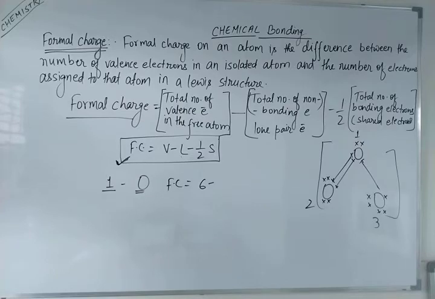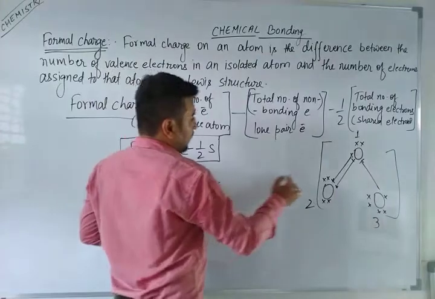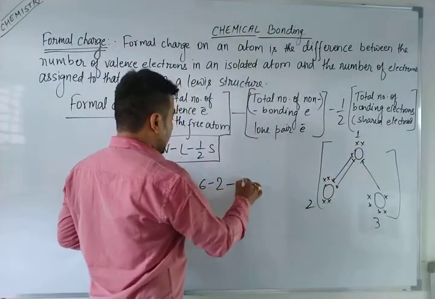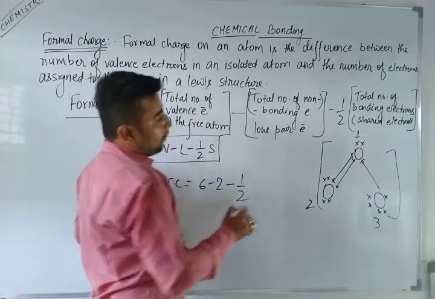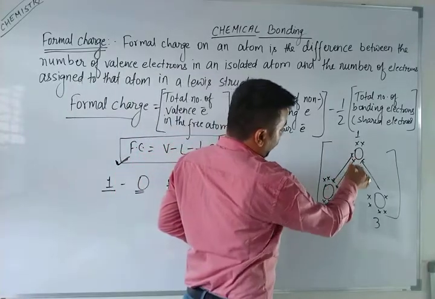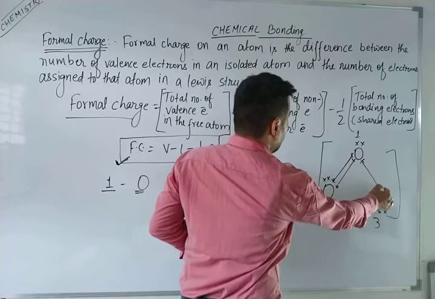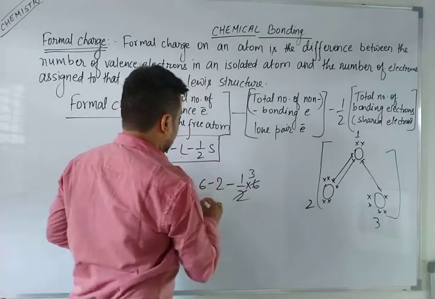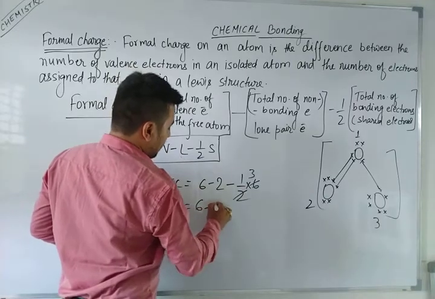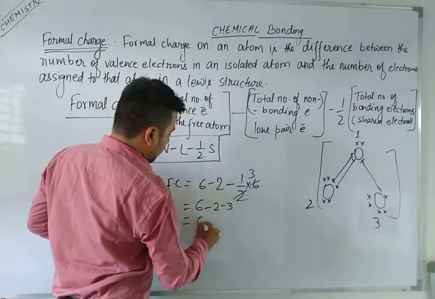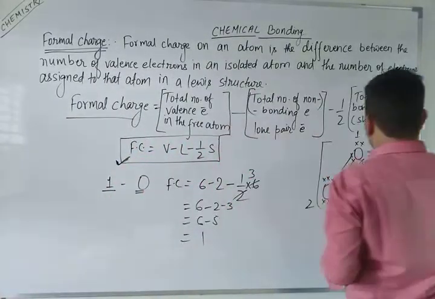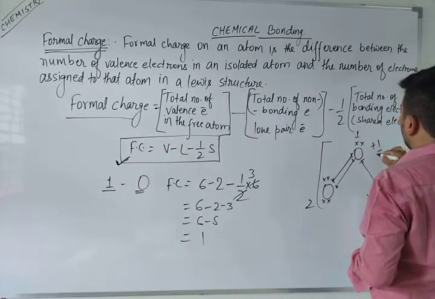And minus half into shared pair. How many shared electrons? 1, 2, 3, 4, 5, 6. So the total shared electrons is 6. So 6 minus 2 minus 3, that is 6 minus 5, which is equal to 1. So if anybody asks you the formal charge of this oxygen, that is plus 1.